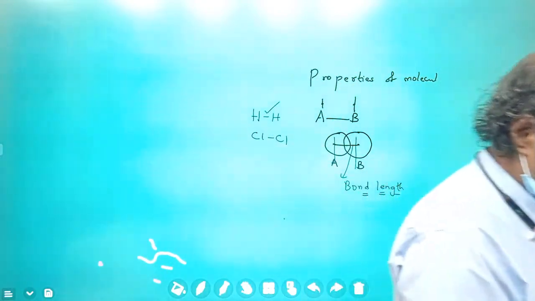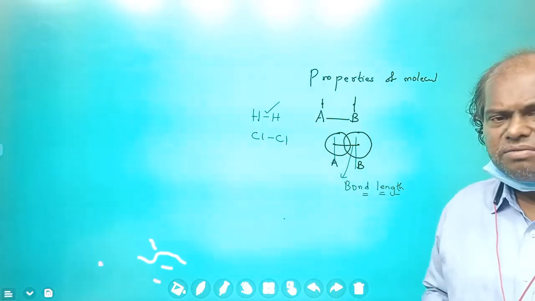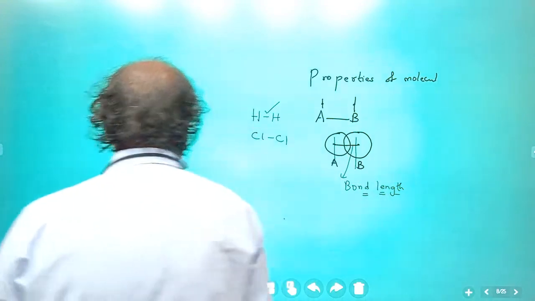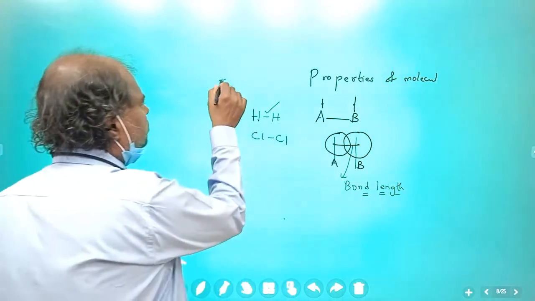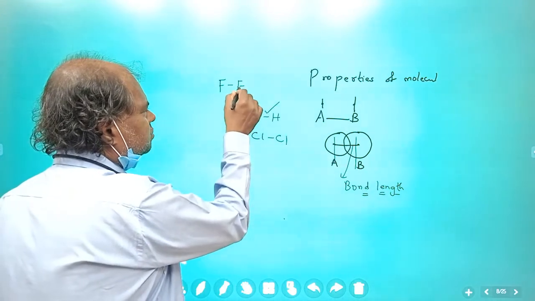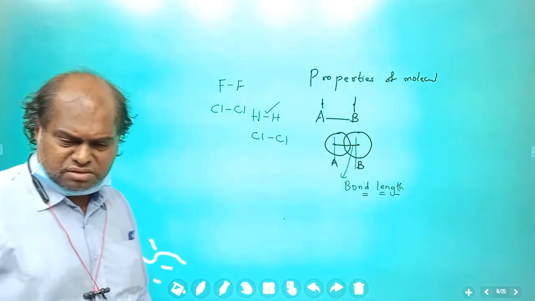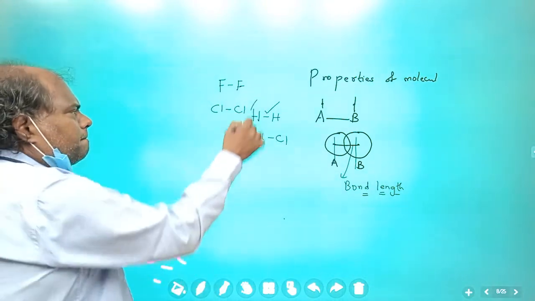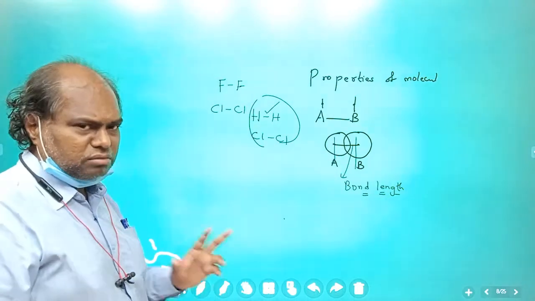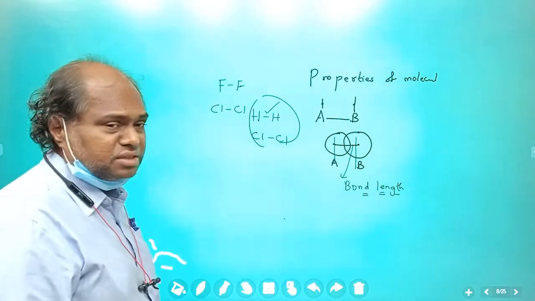Now, students, we will do some questions. That's more important because the theory part you have already done in NCERT. Some questions will come like this. Suppose an F-F bond is there and a Cl-Cl bond is there. Now we expect that F-F should be very strong, because F is very small. Listen very carefully, there is some difference here.